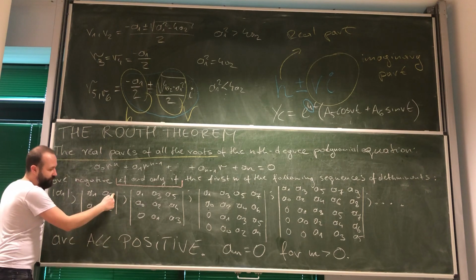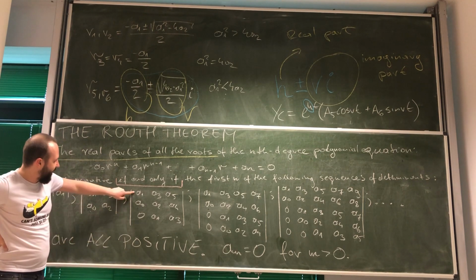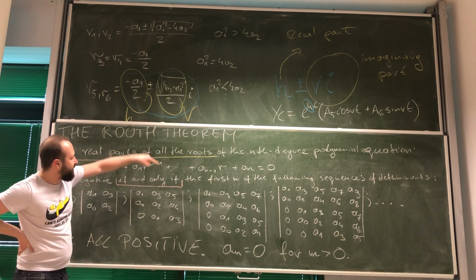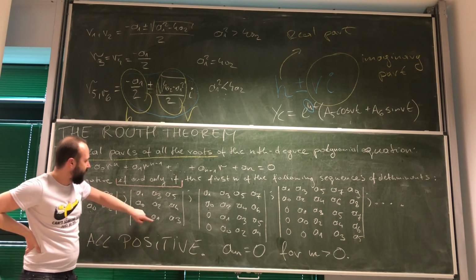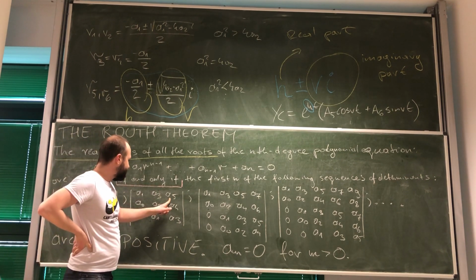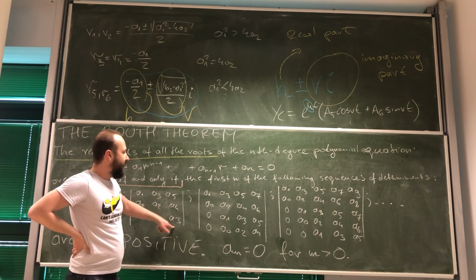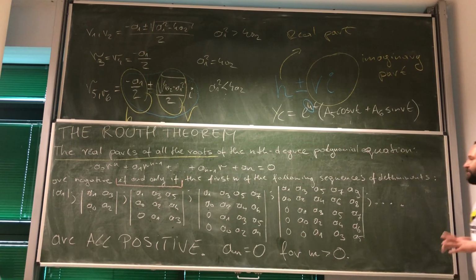Then in the next column we've got A3 and we go down A2. And now look, we will have A1, A0, 0. Then we go to another odd number, A3, and we just go down, A2, A1. A5, which is next odd number, then A4, A3. And we repeat this as many times as we need.